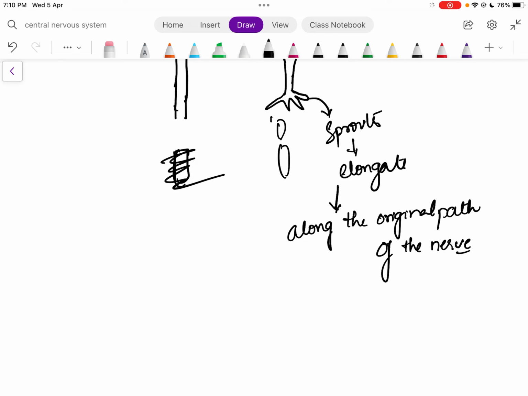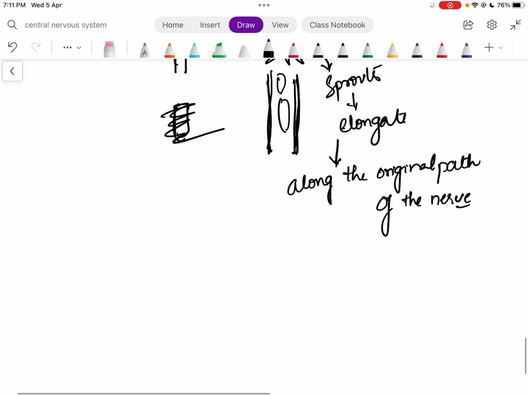That means if the path of the nerve is in this area, the axon will also grow in this area only. If this path is intact, then only the sprouts will grow in that path. If that path is damaged and not there, the elongation won't occur.